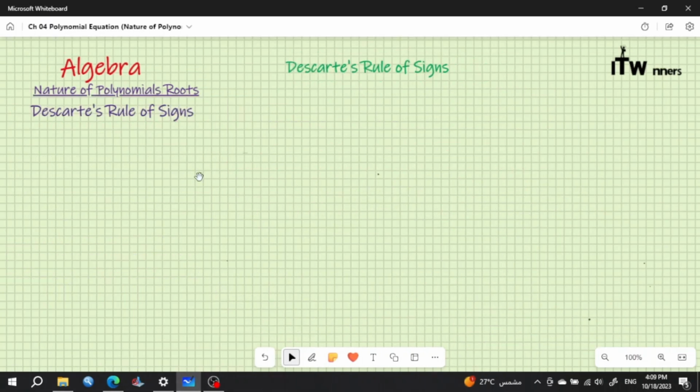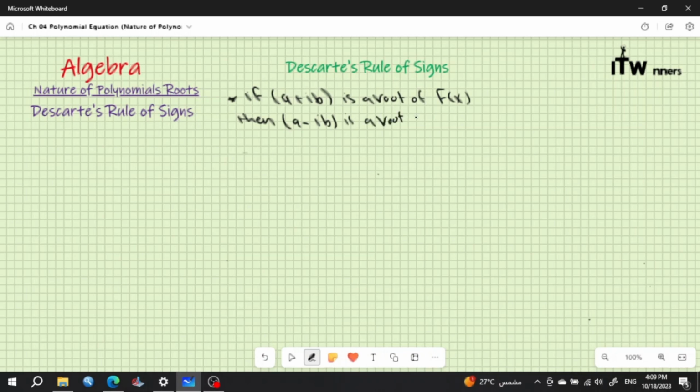As we know earlier in this lecture that if a plus ib is a root of f of x, then a minus ib is a root of f of x.